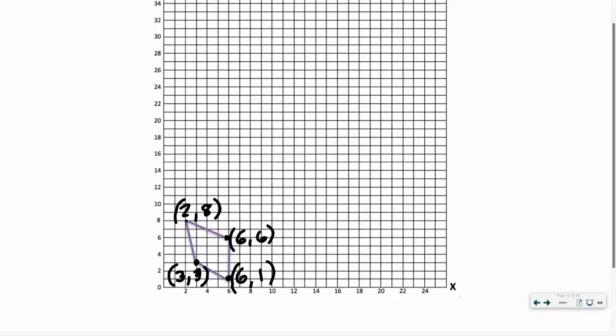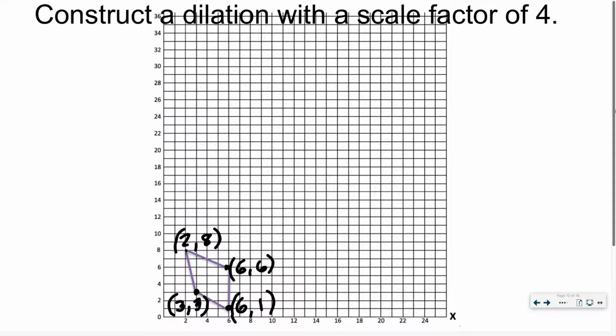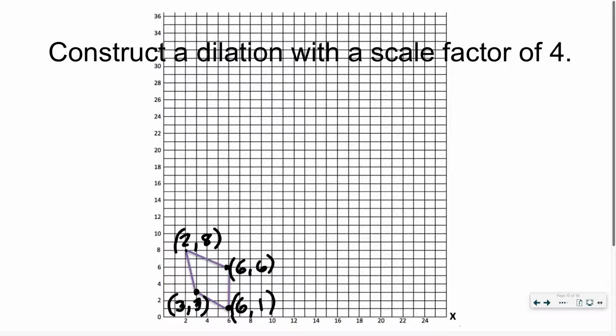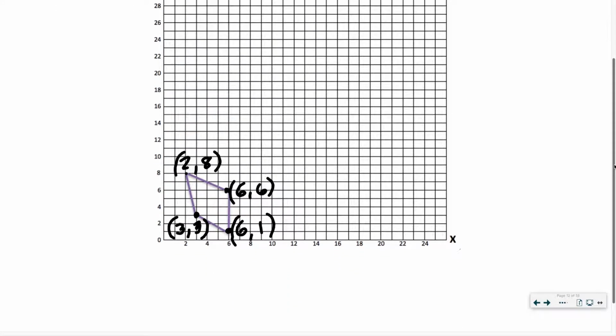I want you to find all 4 coordinates if we're going to dilate with a scale factor of 4. So we will graph them together, but find the coordinates. All 4 coordinates that are there, we're going to dilate by a scale factor of 4.